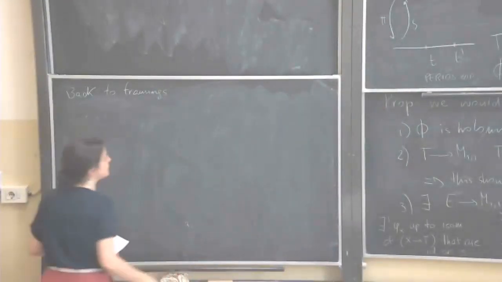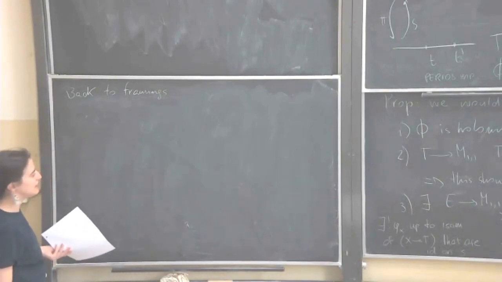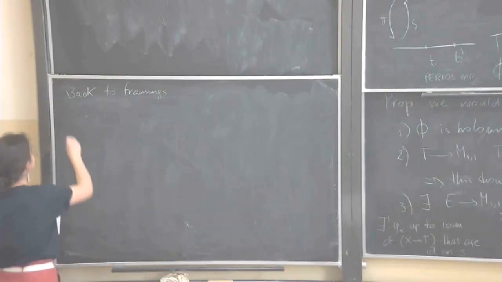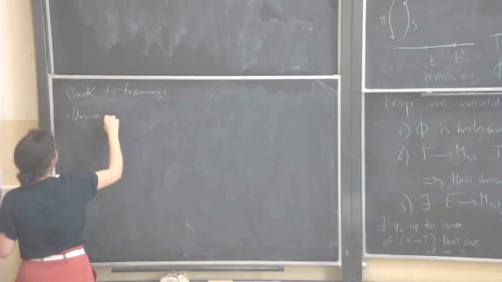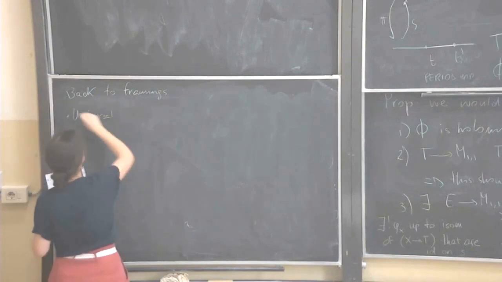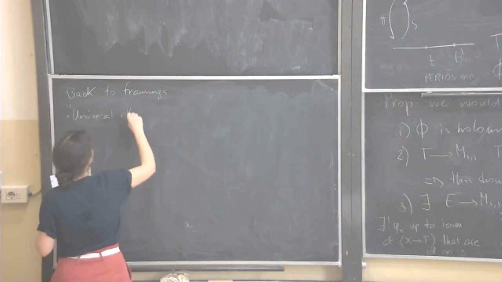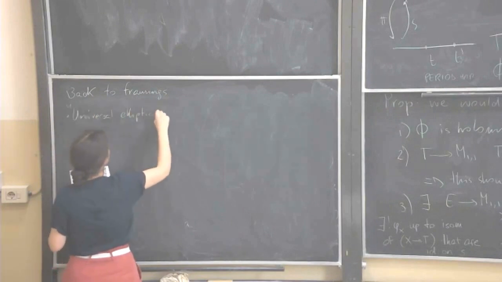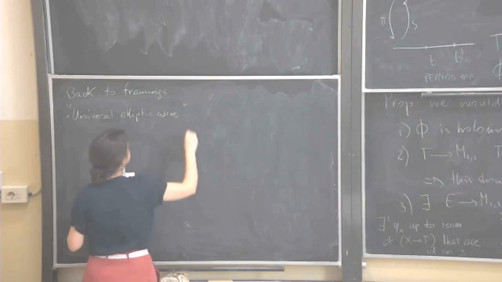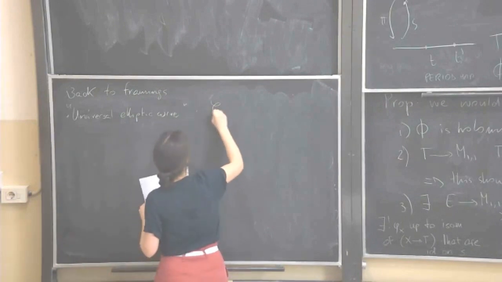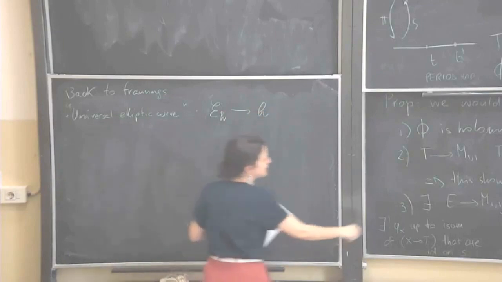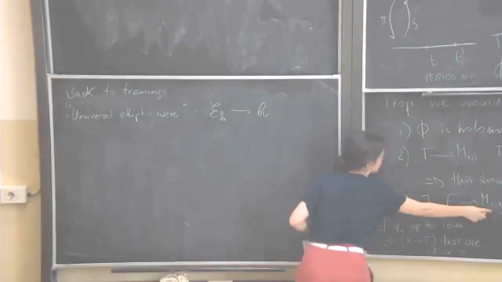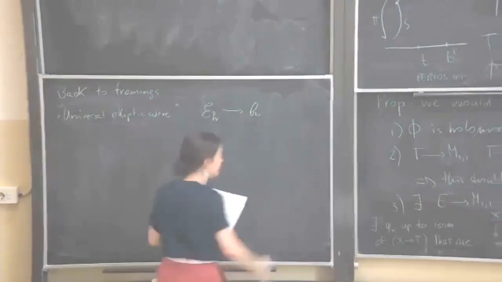Okay, so the first thing we want to do actually is to define the universal family. So we call it the universal elliptic curve, which is EH over H. So it has to be like this, but here we are putting the H instead of M1.